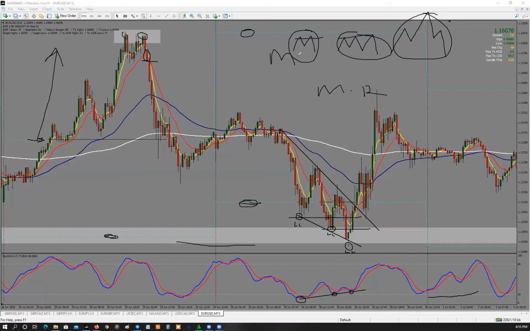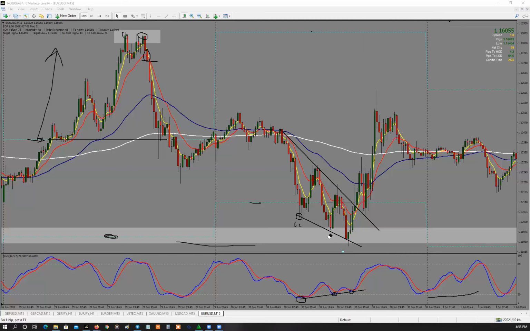Now, let me wipe this. So we have the structure played out. We want to continue and see what we have. So I have my structure M here, right? I sell, I take whatever I can. This push is okay. If I wait for the second leg, this push is okay. I go out.